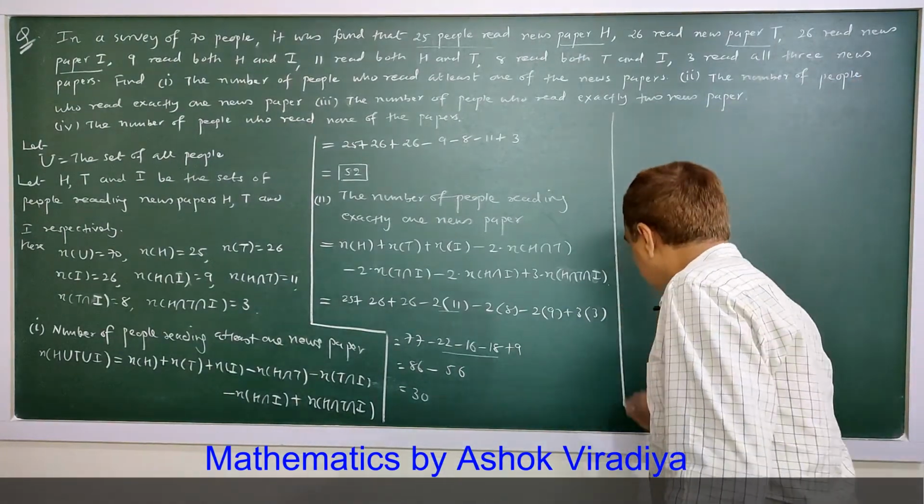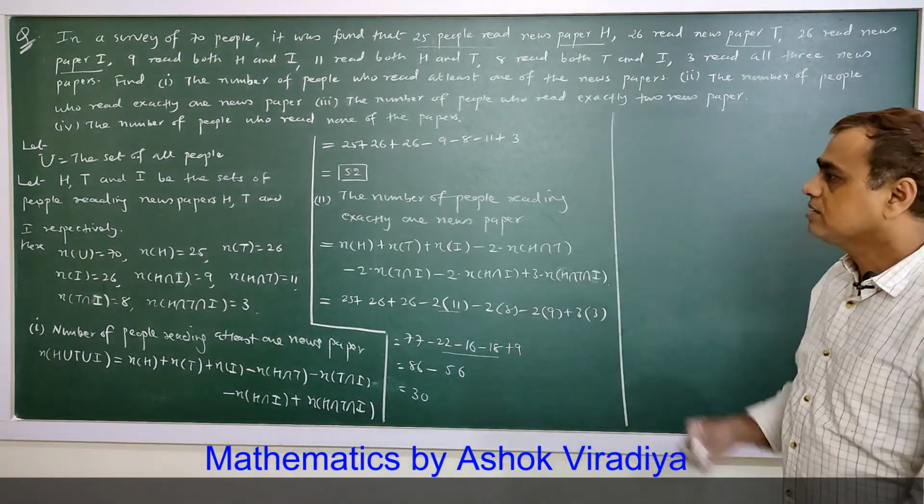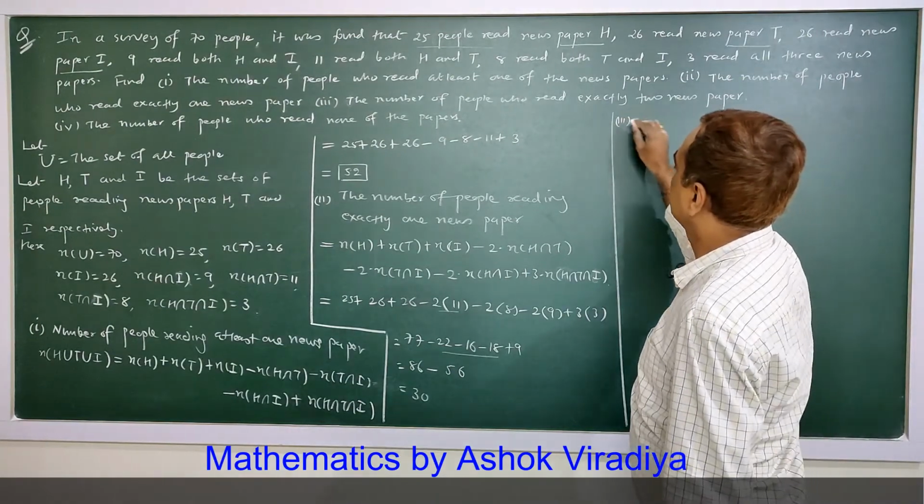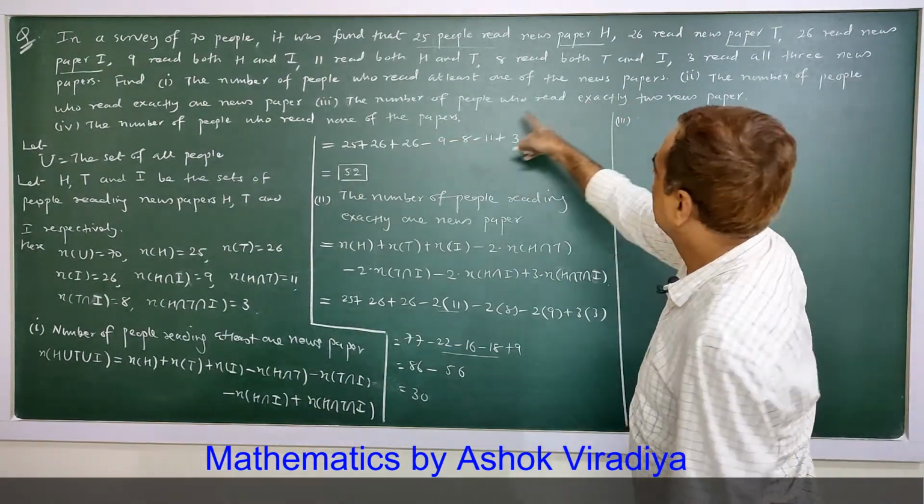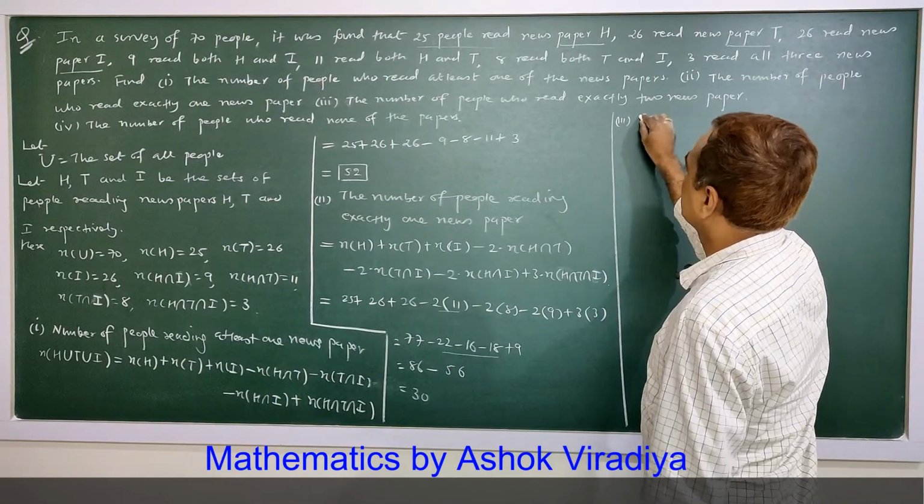Then the third question is, the number of people who read exactly two newspapers.